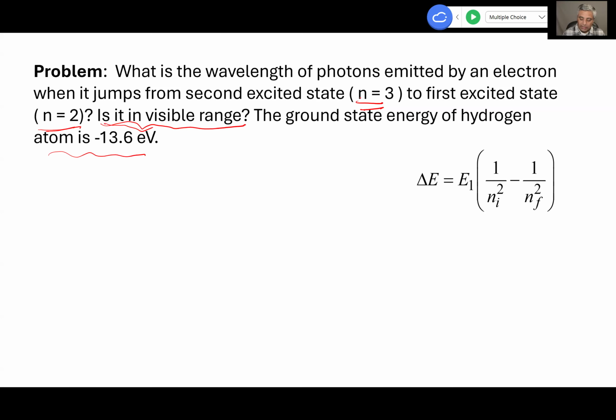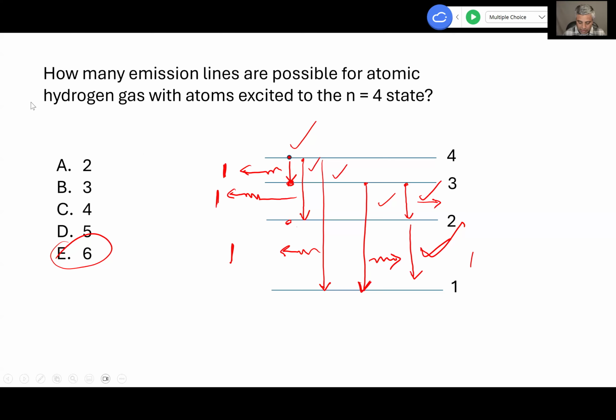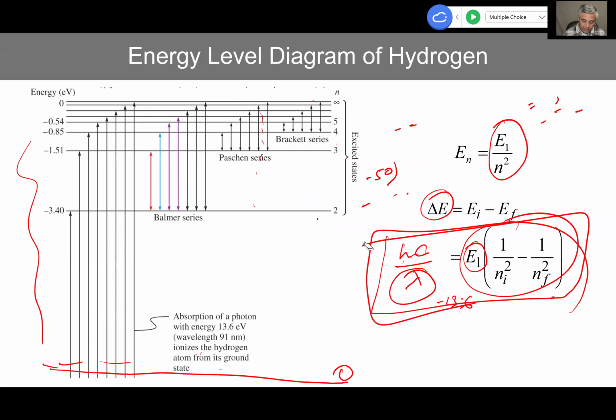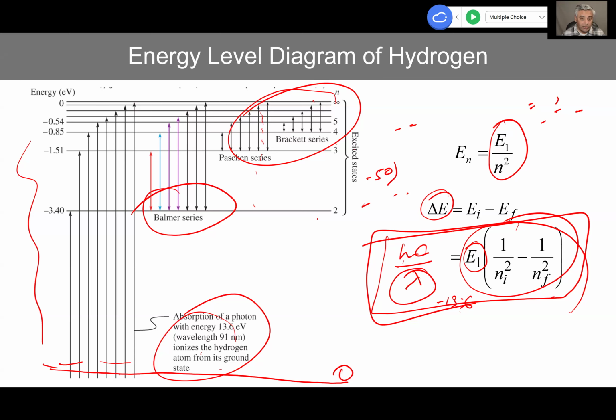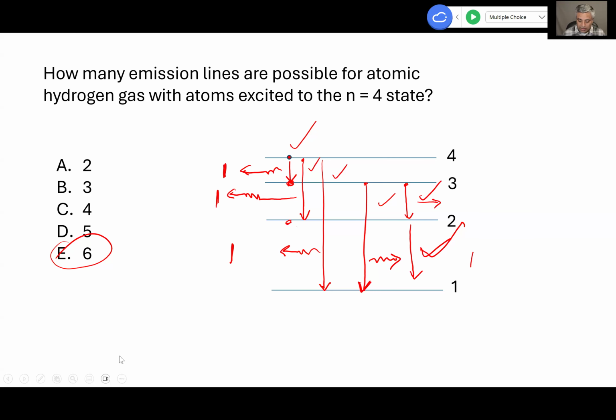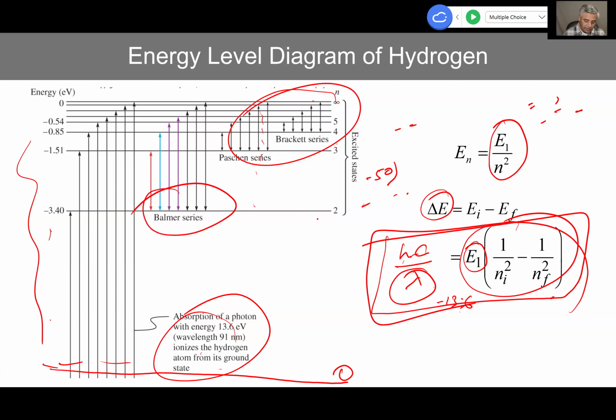Another way: when it goes from n equals 3 to n equals 2, that was named the Balmer series here, right? In the Balmer series, these are the visible ones. All of these others are not visible. You cannot see them, although those radiations are there. For example, this I said was ultraviolet, this is visible, and this I think is infrared, and so on.